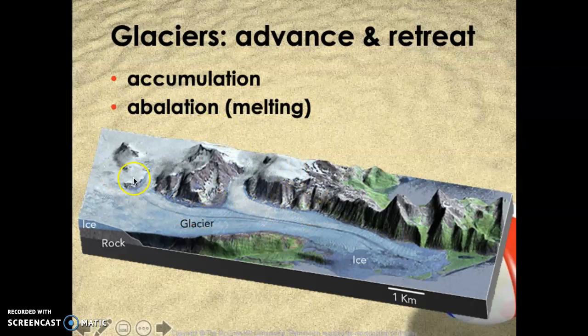If we don't add enough snow here, the ice doesn't move backwards. We just don't add enough new ice to replace what's being melted at the front, and then the front starts to retreat or melt back. So that's how the budgeting works.